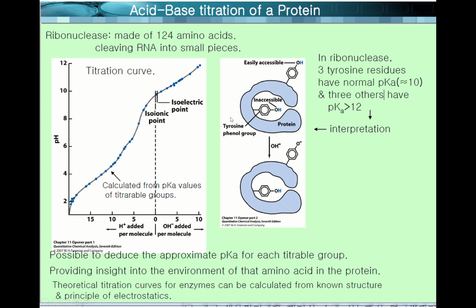But in principle, it is possible to theoretically construct these titration curves considering the protein structure. The point here is that this well-known acid-base titration could be applied to study even a protein like ribonuclease.